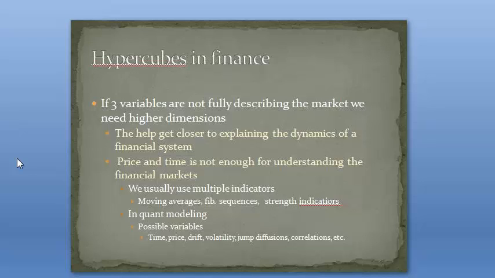They have multiple indicators. And each new indicator you have is a new variable on that chart, an added dimension of the cube. So in quant models, the possible variables are time, price, drift, volatility. I use jump diffusions, correlations, and other such indicators or variables.